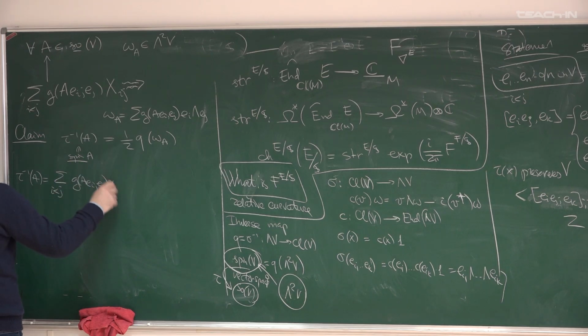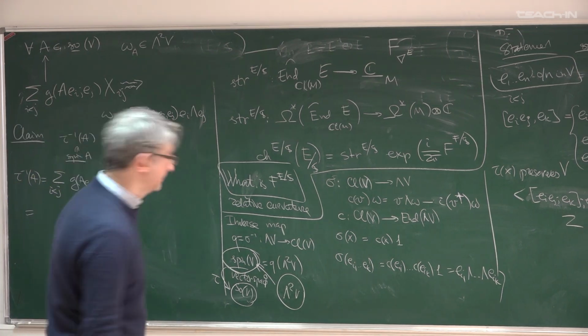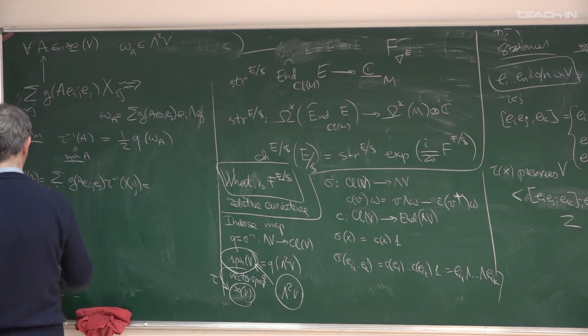Then we apply tau minus 1 of x_ij. Tell me, please, what is x_ij? Tau minus 1 of x_ij. It is written on the blackboard. 1/2 of e_i times e_j. Yes, it's 1/2.